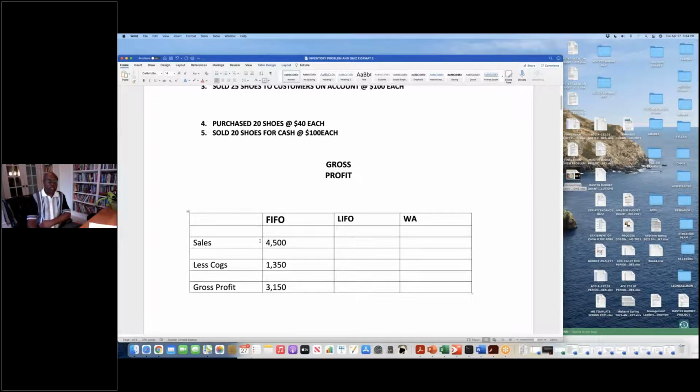Now this sales number is going to stay the same. So we can copy it, and it's going to be the same on all methods.